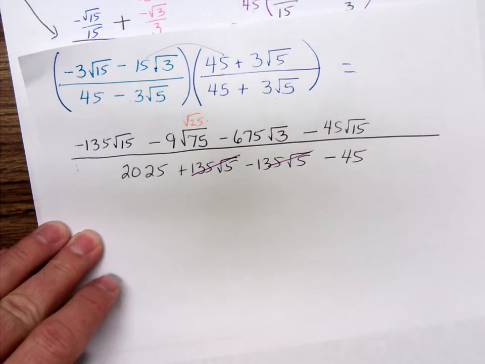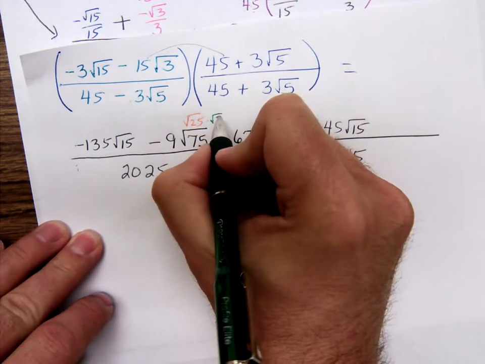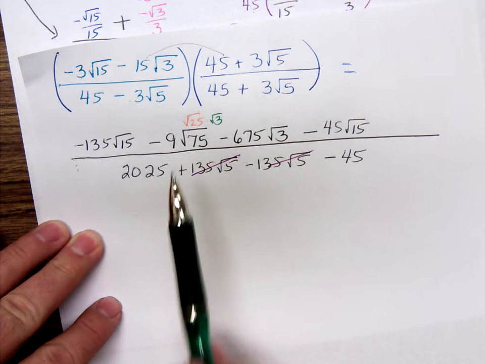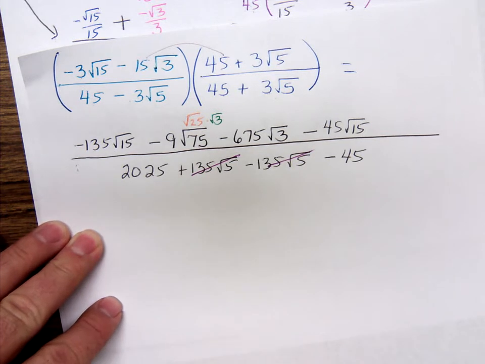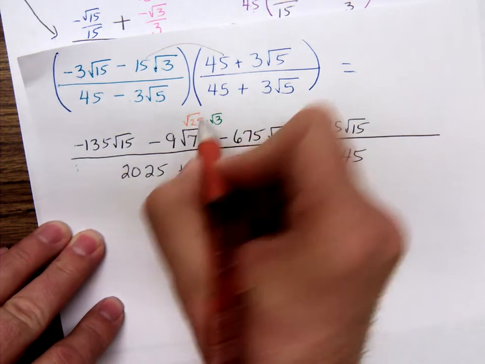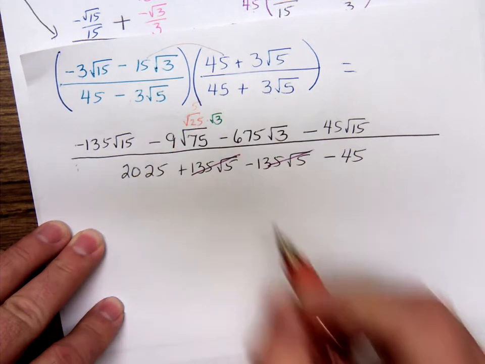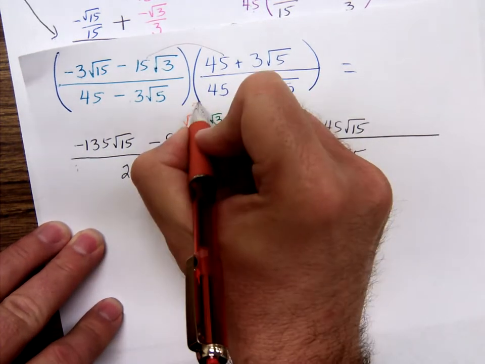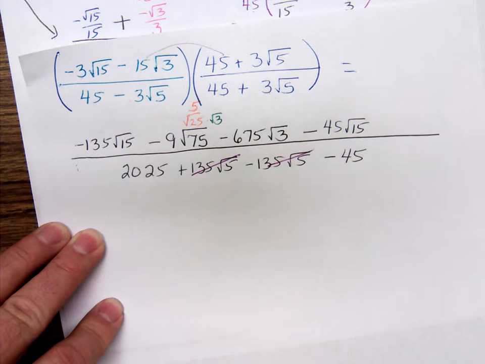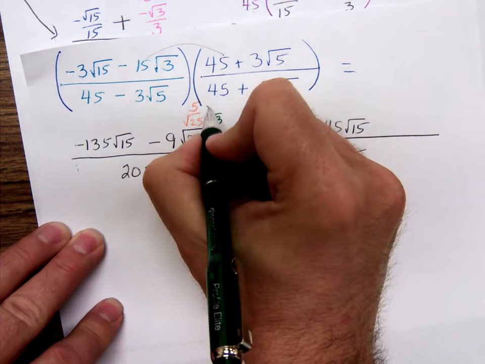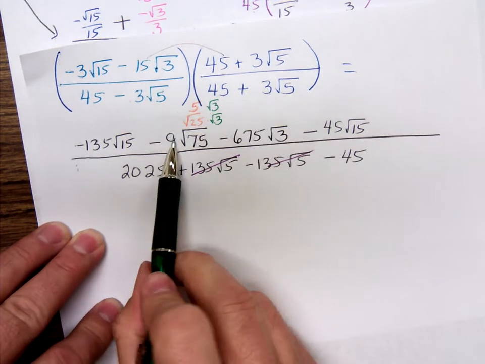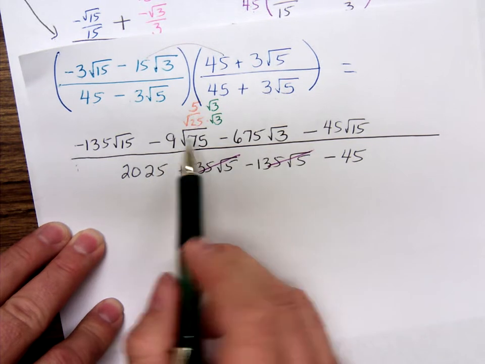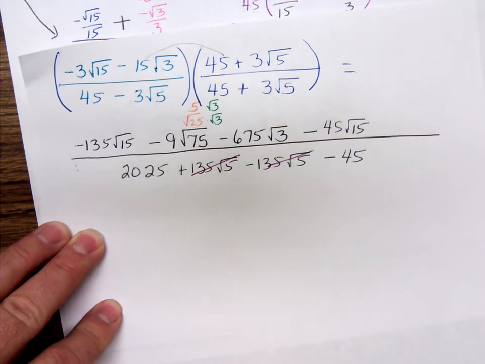Can y'all see that invisible 25 there? That orange ink isn't showing too good. And then the square root of 25 is 5. So we have 5 square root of 3 times this 9. So I'm going to rewrite the whole problem.